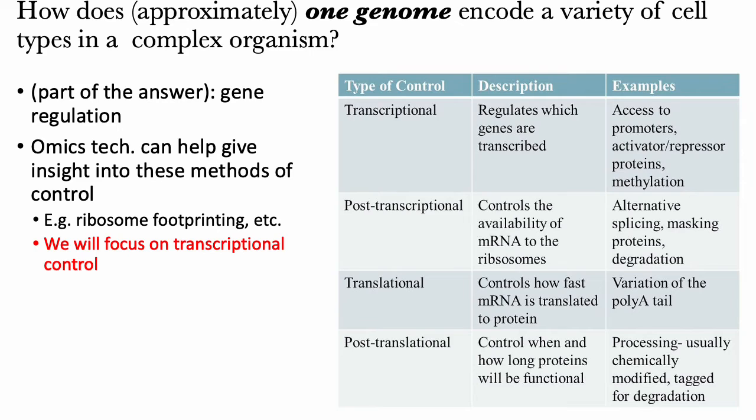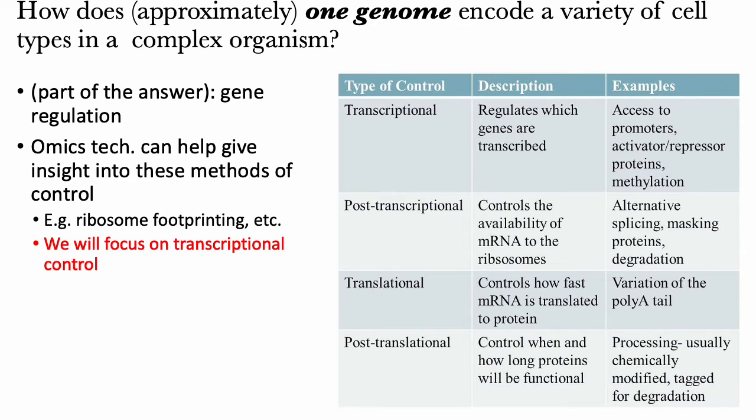Some examples of how that might be done are the cell using various types of machinery to control access to different promoters at different times or in different contexts, through the use of things like activator or repressor proteins, or DNA methylation.